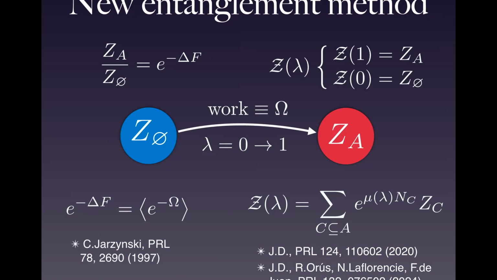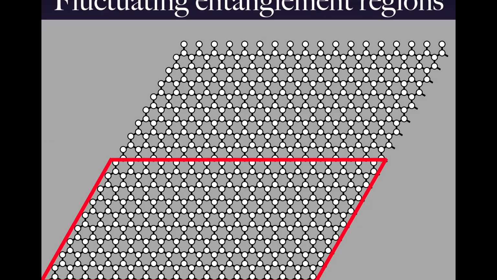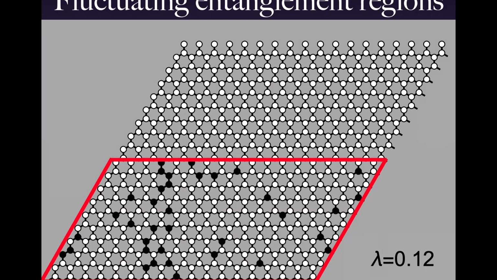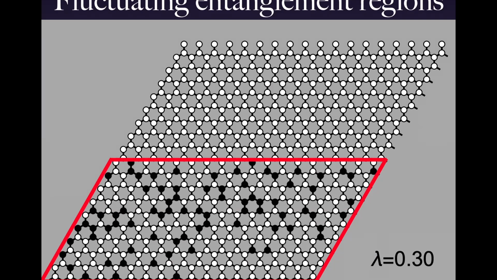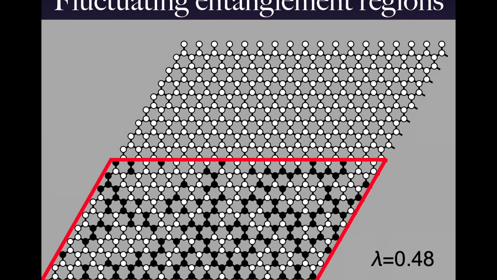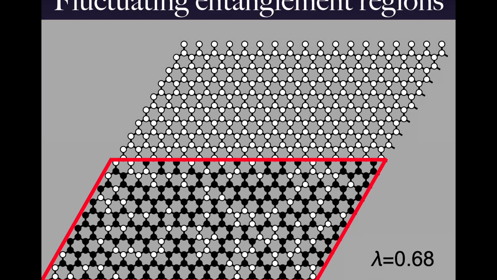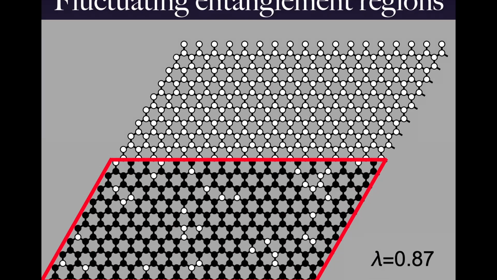I think the best way to illustrate it is by showing a little movie. Consider an 18 by 18 honeycomb lattice, and suppose I want to compute the entanglement entropy of this big region here. I start the simulation with lambda equal to 0, which forces no sites to populate this region. Then I can perform a non-equilibrium simulation where lambda controls the chemical potential for sites to populate this entangling region.